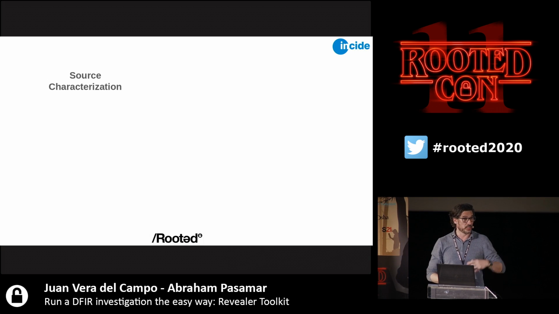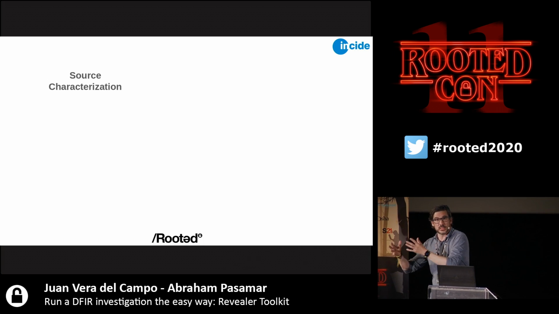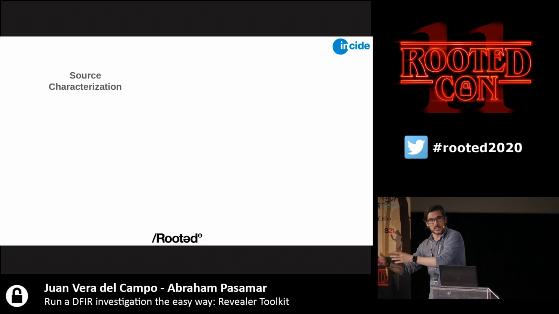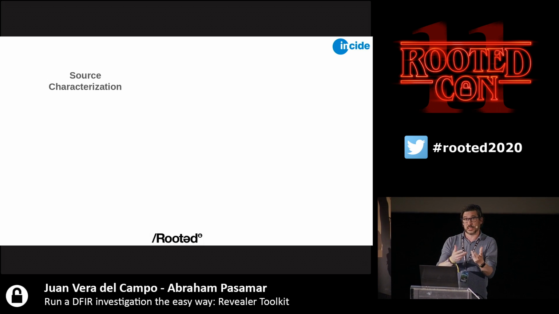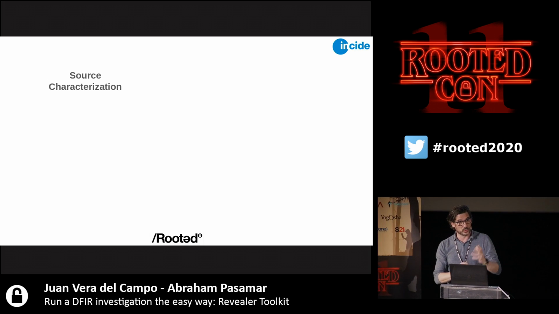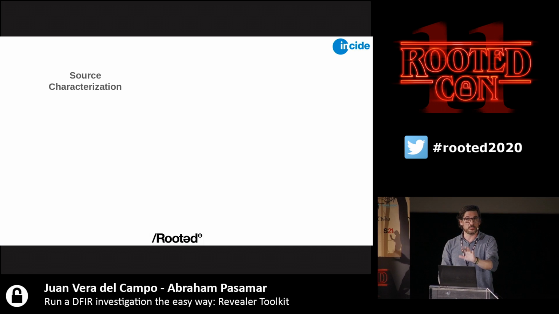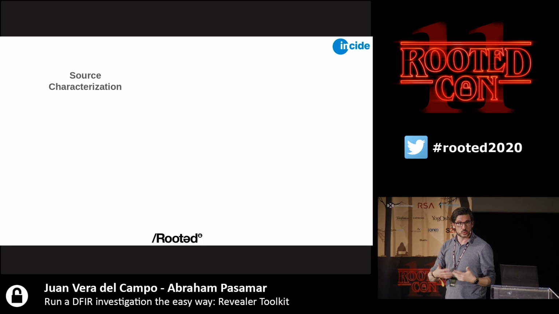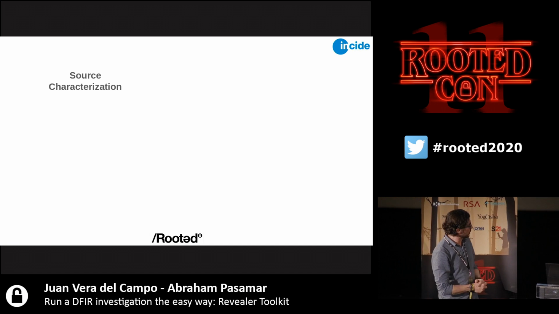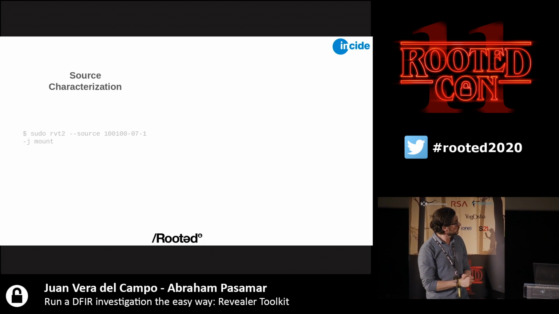If we do not do that characterization, maybe we are looking for transactions, looking for the word money, and maybe we see that it's not the computer that we had to analyze, because maybe that was not the right computer. This is important. It's important to have a characterization module, so that since the very beginning we can see what computer we are talking about, what user, what operating system, and so on and so forth. So let's see the result.